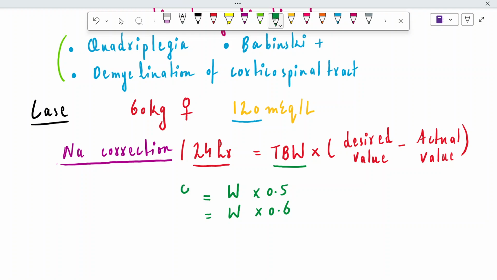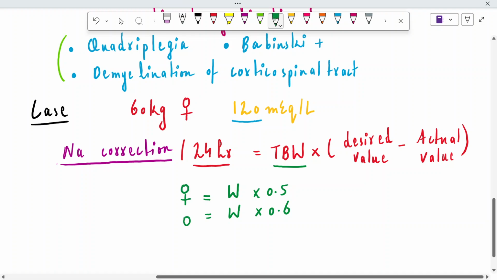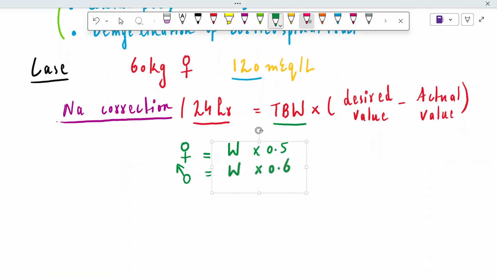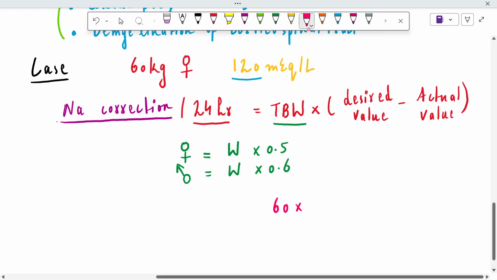And 0.6 in case of males. The patient is mentioned to be a female, so let's calculate the total body water. What is the total weight? It's 60 multiplied by 0.5. Okay, the total body water is sorted.